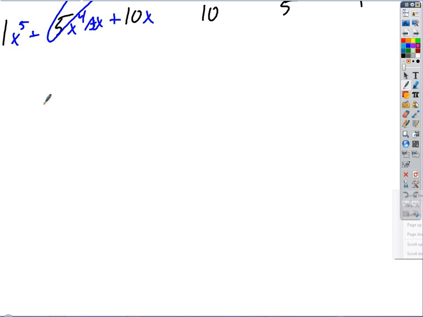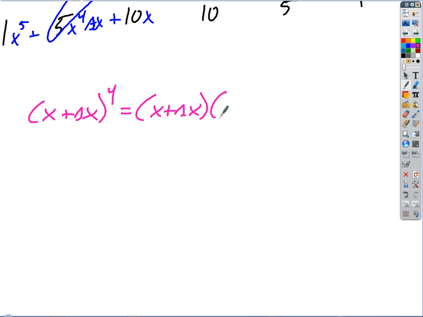If I were to do something like x plus delta x to the 4th, think what that really means. That just means the product of x plus delta x, x plus delta x, x plus delta x, and x plus delta x.